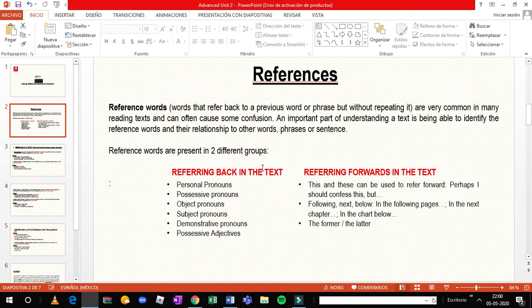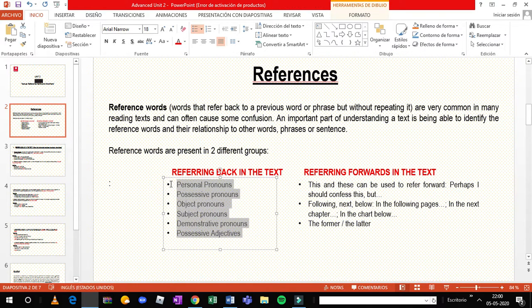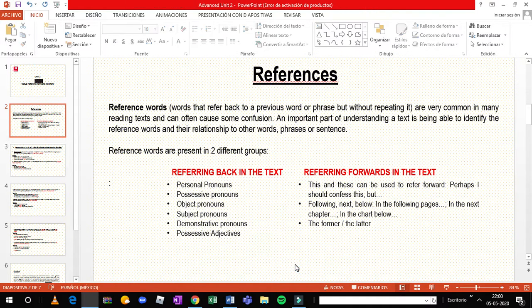Es ir viendo de a poquitito cuáles son los grupos de palabras, ¿cierto? En este caso, a las que en un texto se hace referencia cuando se mencionó anteriormente. ¿Ya?